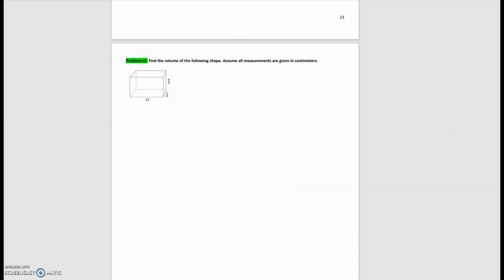Let's take a look at the last one, and they want the actual volume. Let me write the formula for the volume. The volume is going to be the area of the base, which is length times width, times the height.